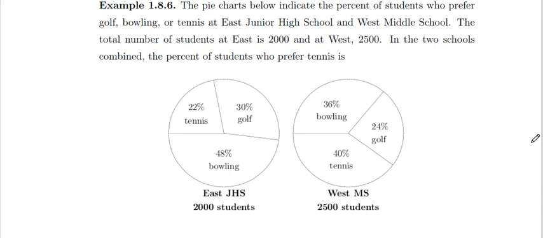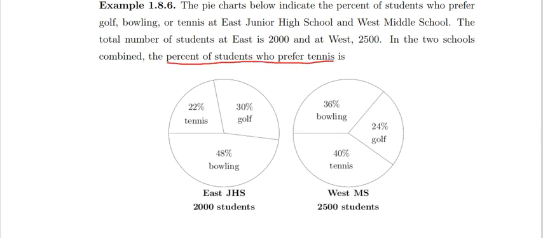Okay, so this problem is like this. In this school we have 2,000 students, and in this school we have 2,500 students. This school has 30% golf and this one 24%, and so on. We want to find the percentage of students who prefer tennis.